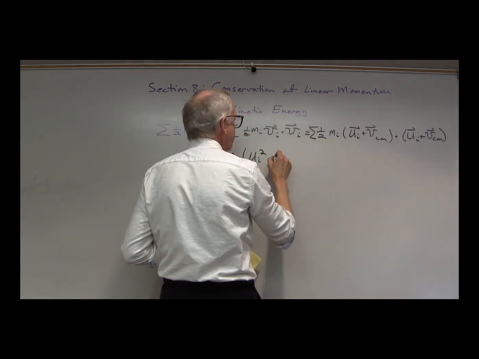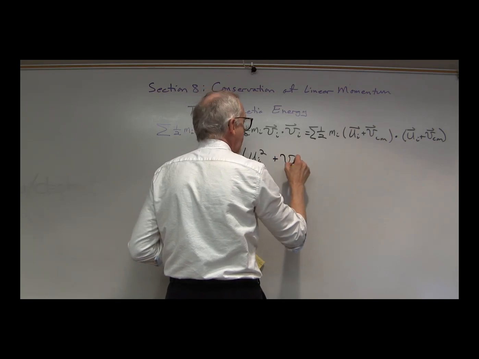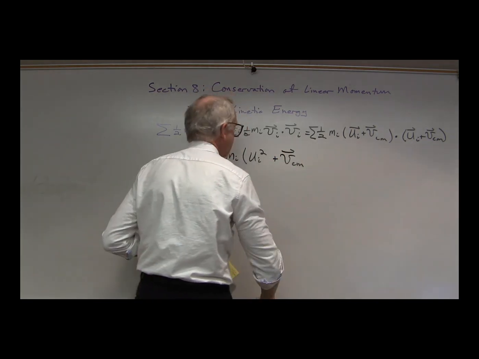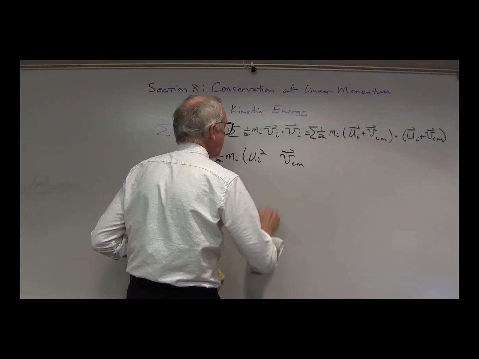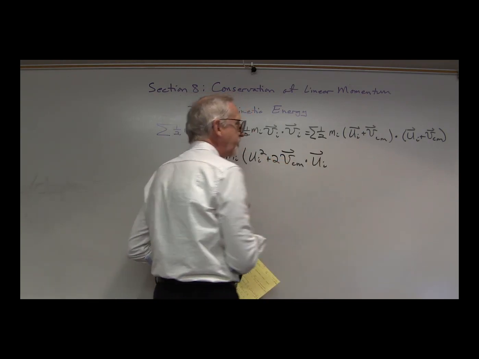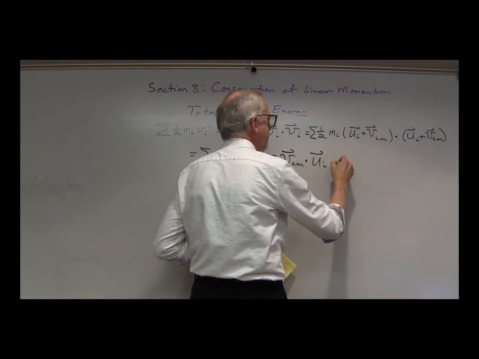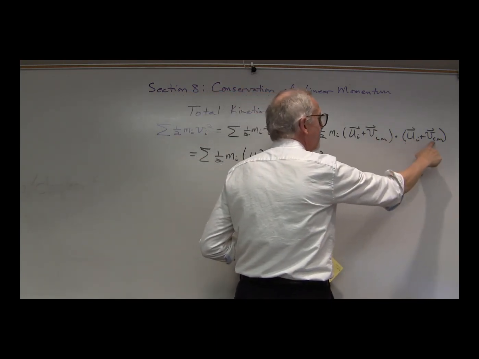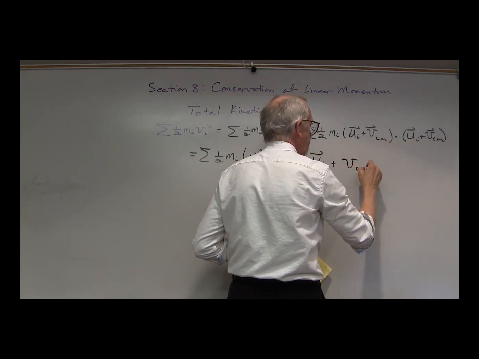So we'll write this as plus 2 times v_cm dotted into u_i. I said 2, but I didn't even write the 2. Okay, and then plus v_cm dotted into v_cm, that's going to be v_cm squared.